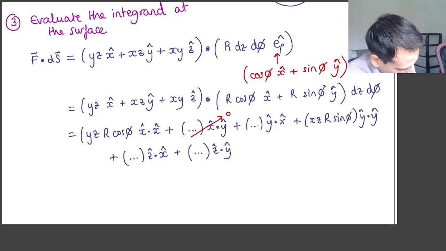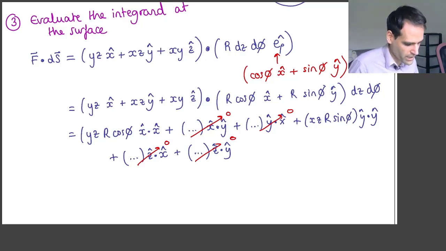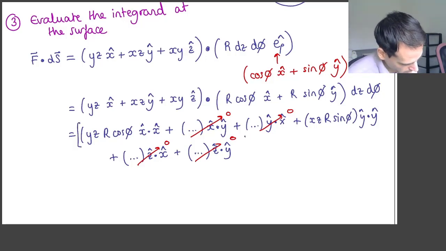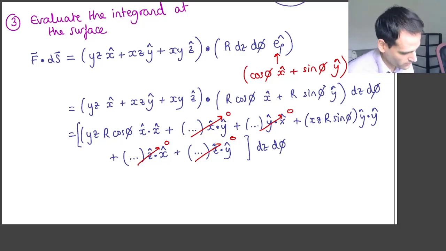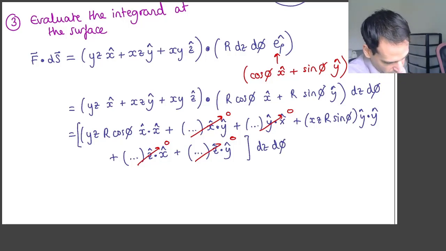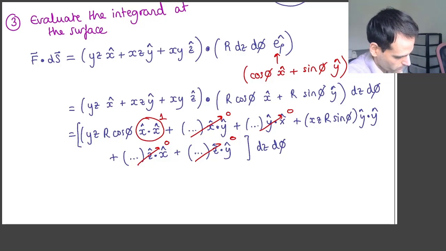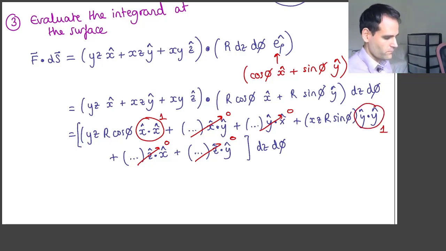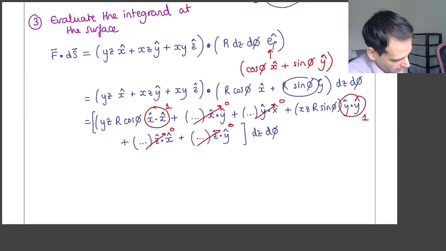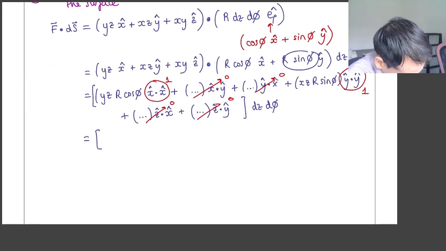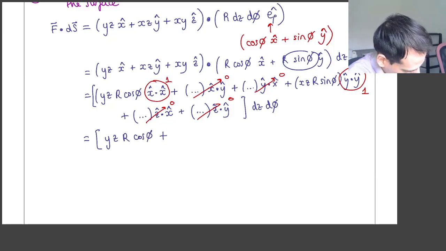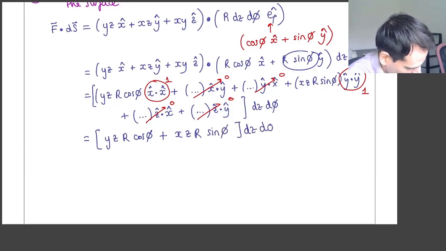So all these terms go to 0. Okay, so the only two terms that survive, and of course don't forget at the end we have dz dφ, are these ones, where this is equal to 1. So we will get yz r cosine φ times 1 plus xz r sine φ times 1 times dz times dφ.